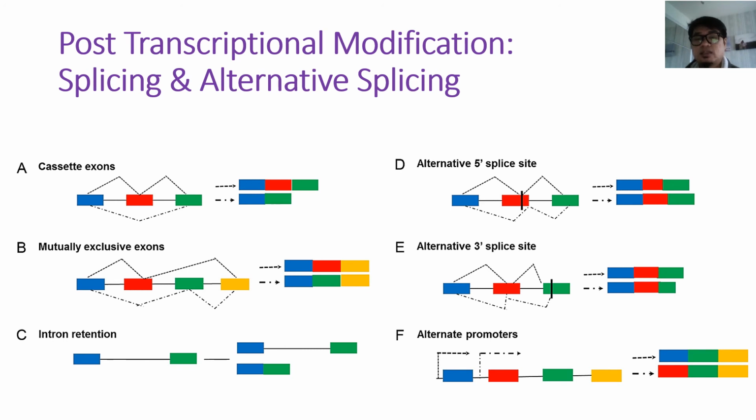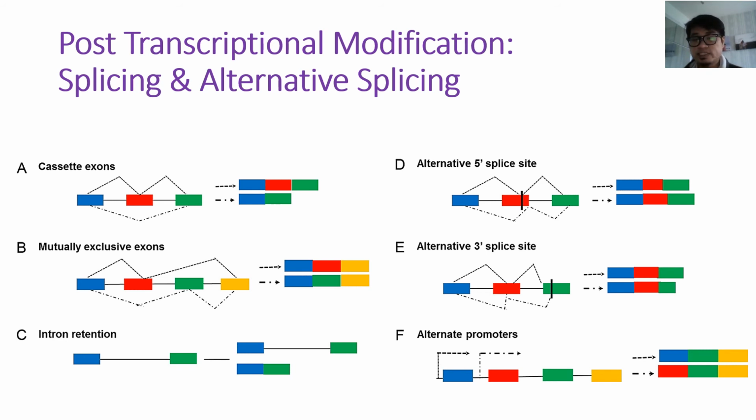Next is alternative 5 prime splice site, whereby the second exon can be cut in the middle of it and it produces a shorter exon. Of course it will produce a different type of protein. It can also be spliced at the 3 prime site.